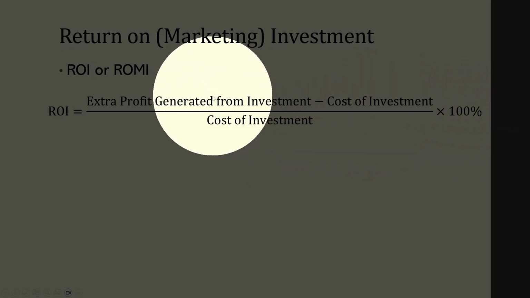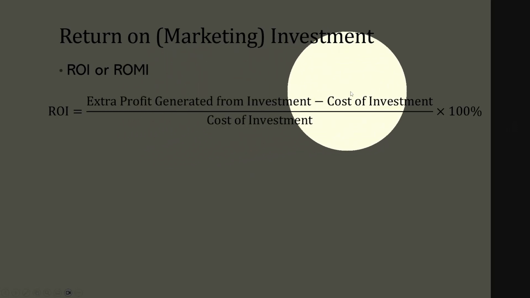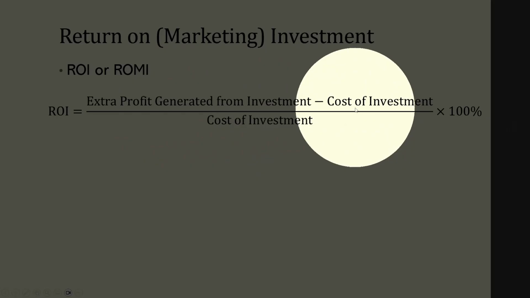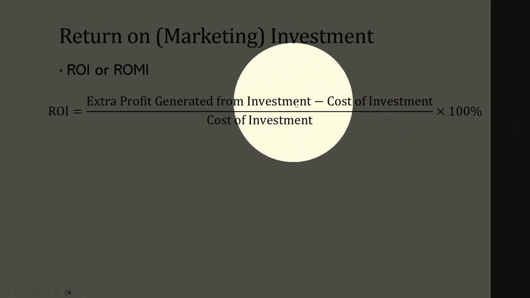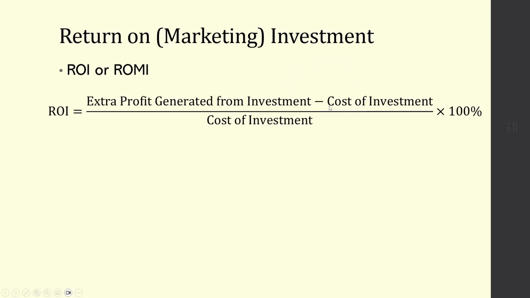So what can be said here is that if the actual profit generated is smaller than the cost of investment, the numerator would create a negative value, which basically means that the investment you put in is not worthwhile because it generates less dollar value than the investment you put in.